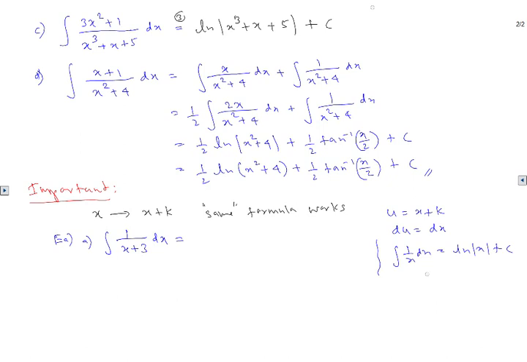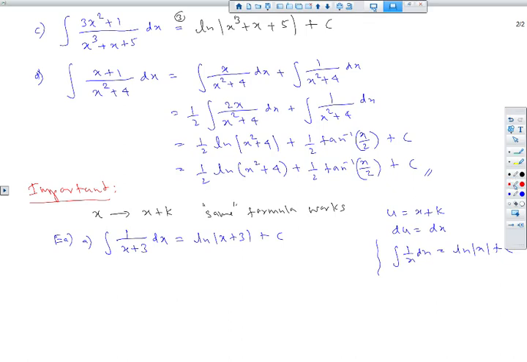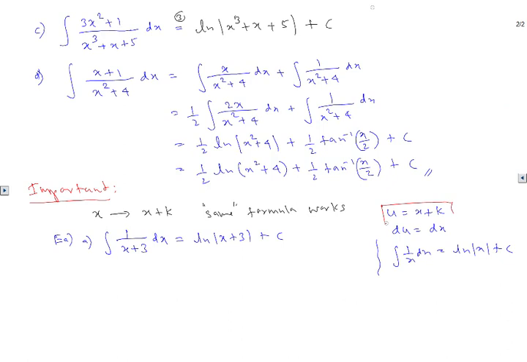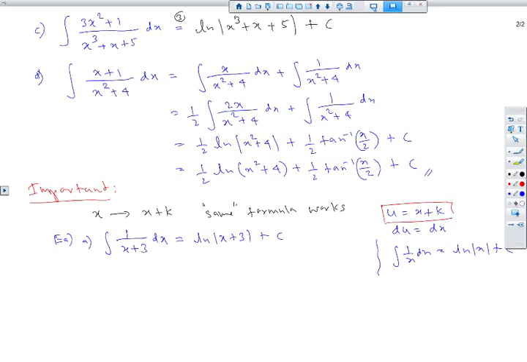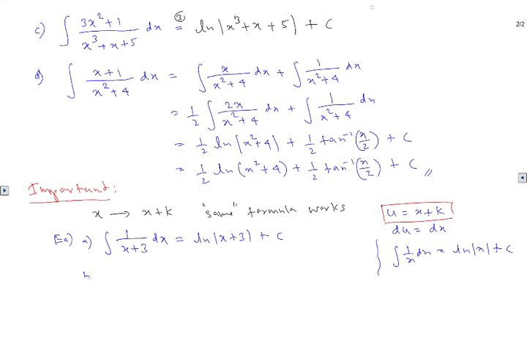So for this one, simply replace x by x plus 3. So the answer is ln absolute x plus 3 plus c. It's very easy to show using the substitution rule, because you simply take u equal x plus k. So please remember this one, because it can save a lot of time when you simplify certain things. I'm going to do 3 examples.